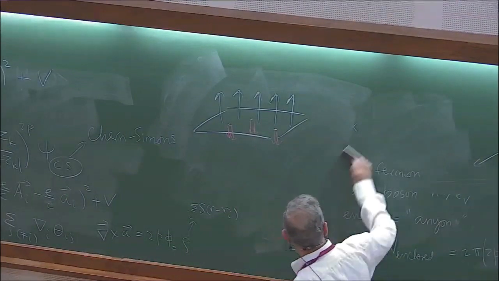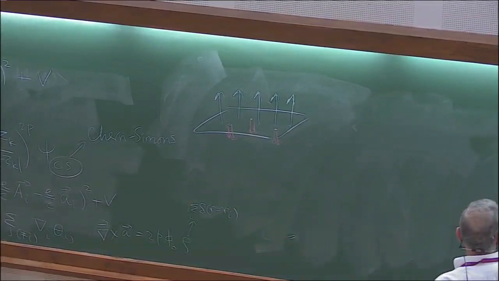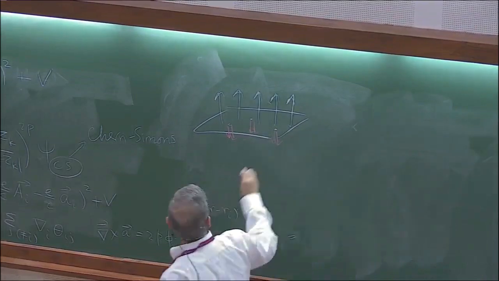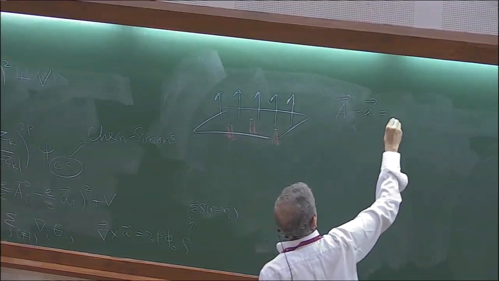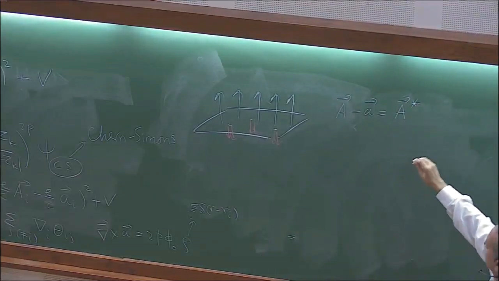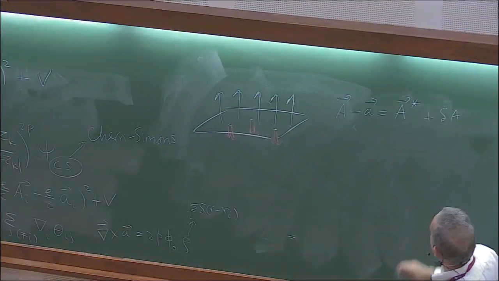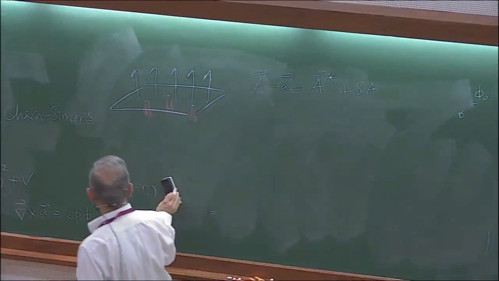So one writes A minus A as some vector, some uniform part plus some part which is fluctuations, and then one can write this as 1 over 2 MB.